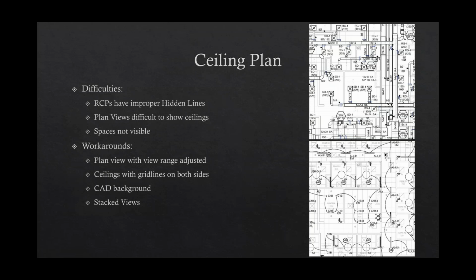So either when I can't get this ceiling to work within that view range and picked properly, as a last resort or further down the line, you can either do a CAD background to display it, or at the very last, have one view with the architectural background and then one with the system.